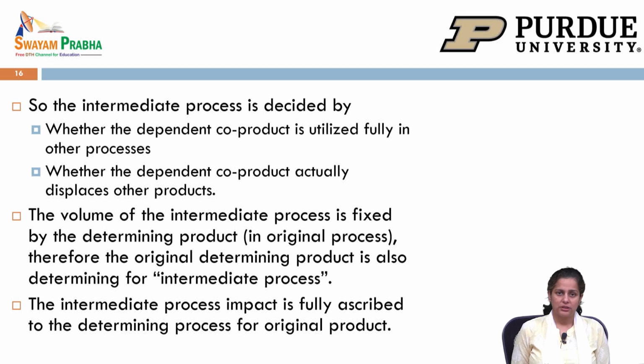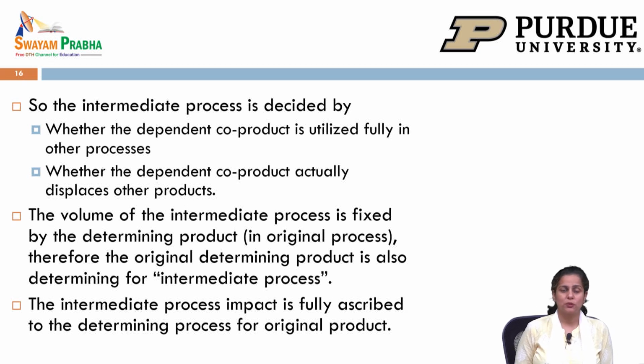The volume of the intermediate process is fixed by the volume of the original process or the determining product. So, remember that your intermediate process is taking care of the co-product. Since in a joint production your co-product amount is dependent on the original product scale, therefore, your intermediate process scale is also determined by the original process scale, and your intermediate process impact is fully ascribed to the determining process for the original product.